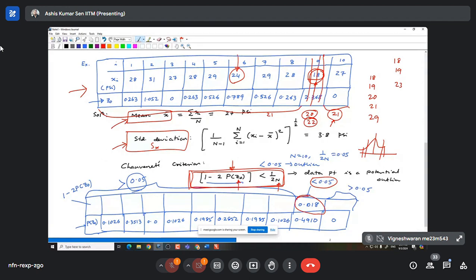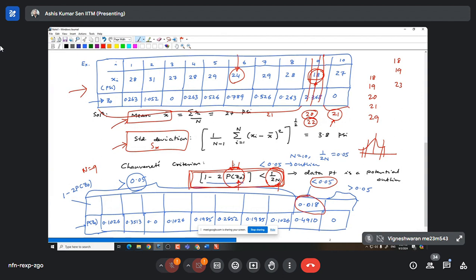Because when you recheck, this probability has changed, since you have thrown out the data point. Your n has now become 9. So the criterion has become stricter, and your probability is also going to change, right? When n is changing, your z naught is also changing because the mean is changing.